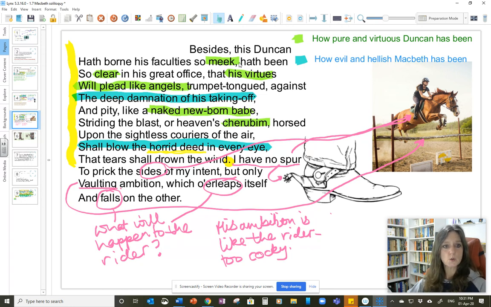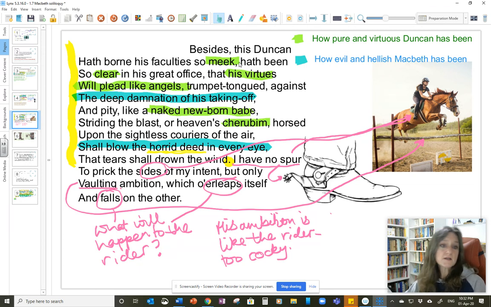He comes across as quite shy, quite self-effacing. He puts himself down. And I think that we see that in both of the video versions that we've watched. So the one with Michael Fassbender in it, and the old Polanski version from 1970. So he does come across as a really quiet, meek man.